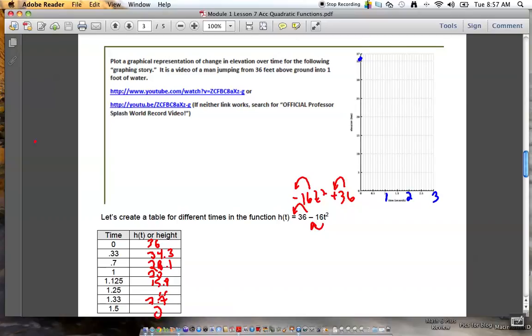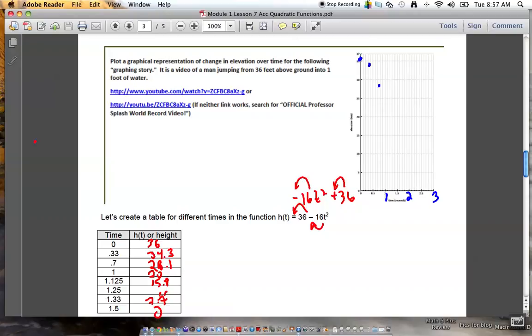So at 0.33, which is right about here, I'm at a height of 34.3, which puts me right around there. Next up, at 0.7 seconds, which is about here, we're at 28.1, which is right around here. Next up, we are at 1 second, and I'm at 20 feet.